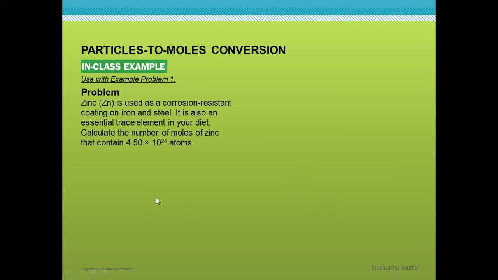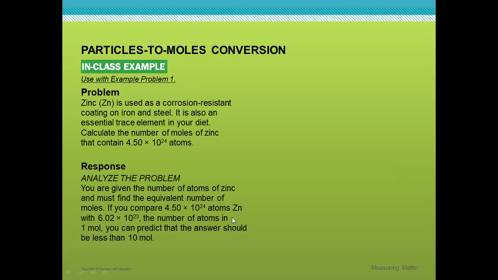So zinc is used as a corrosion resistant coating on iron and steel. It's also an essential trace element in your diet. Calculate the number of moles of zinc that contains this number of atoms. So he wants the number of moles. How can we get it?